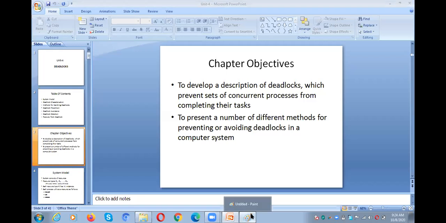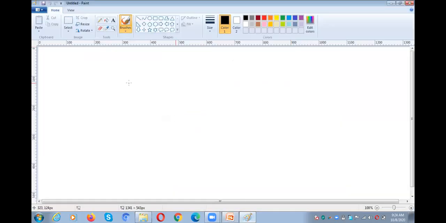That means P1 and P2 are two processes willing to complete their task. For that, P1 requires some resources as well as P2 requires some resources. Here, P is the process, R is the resource.